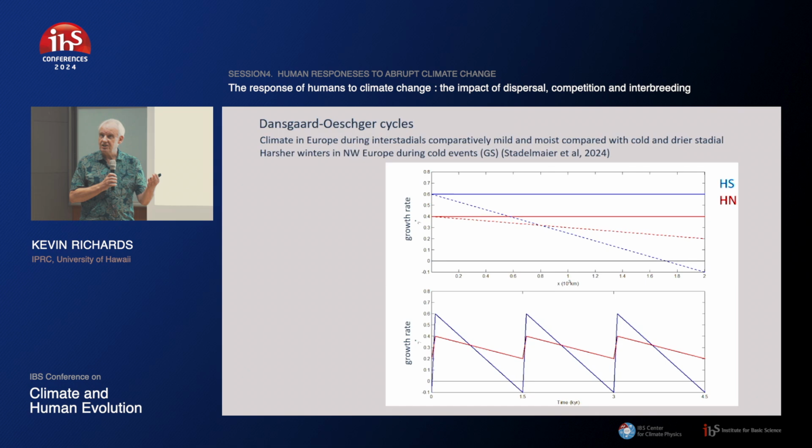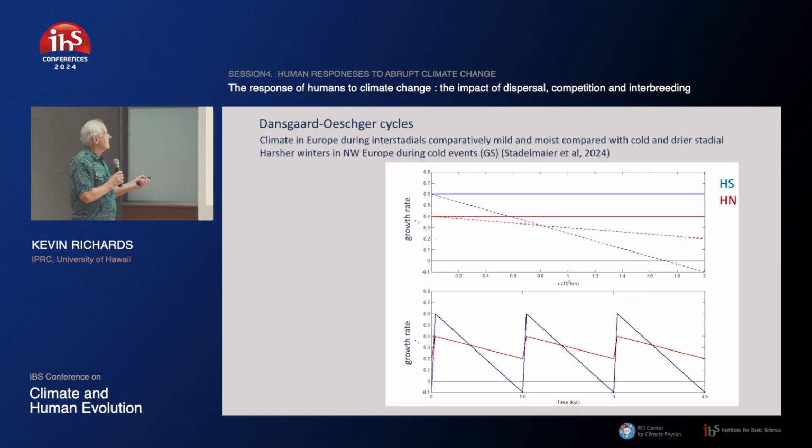The biggest change in the climate is in northwest Europe. So we're going to take account of that by changing the growth rate of both Homo sapiens and Neanderthals in the far northwest of our domain.